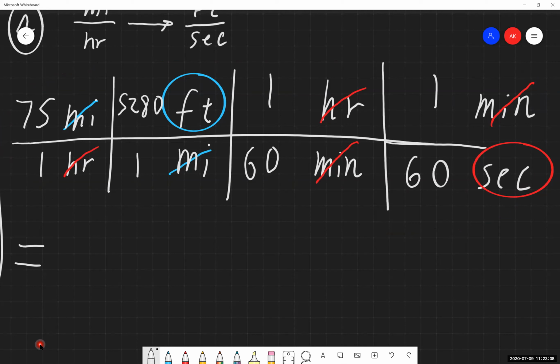Okay, so from this point in time, now I multiply everything in the numerator spot together. So I'm going to do 75 times 5,280 times 1 times 1. When I do that, again, use your calculator. I'm getting 396,000, numerator spot. In the denominator, I have 1 times 1 times 60 times 60.